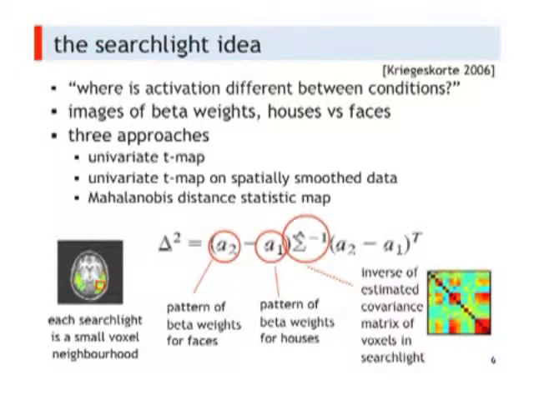The way this differs from smoothing is that maybe one voxel is positive for houses and negative for faces, and the neighbor next to it is the opposite. If you smooth them, they pretty much cancel out. In this case, if my covariance matrix tells me that these voxels move in opposite directions, I can integrate that information.